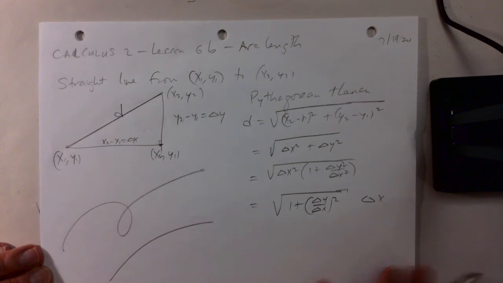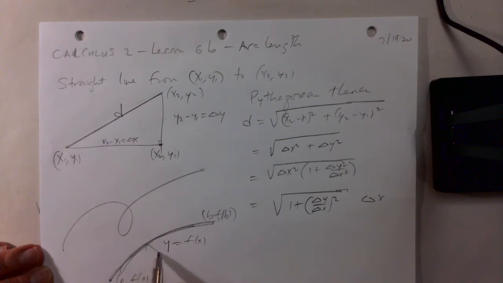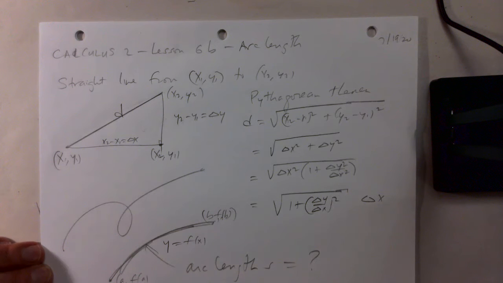So it's part of the graph of a function. So this is y equals f of x. Let's say this is the point A, f of A, and B, f of B. What is the arc length? How do we find this?